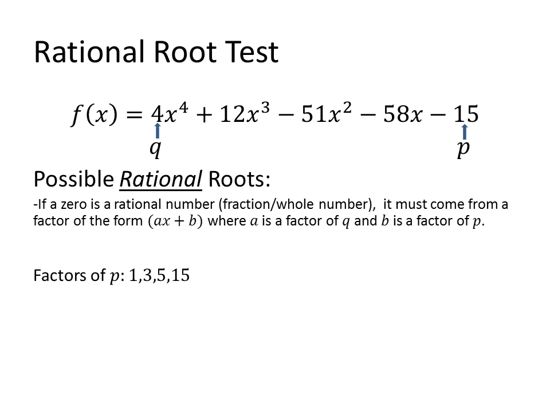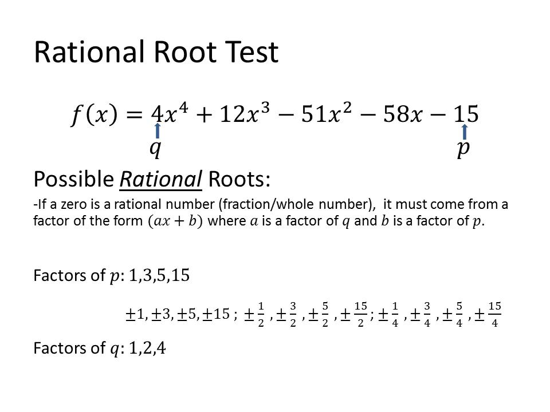So, by listing all the factors of p and all the factors of q, we can find all the possible rational roots by simply taking all the numbers p over all the possible numbers q.